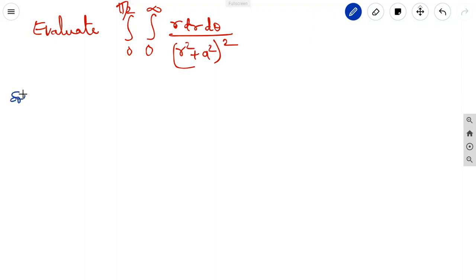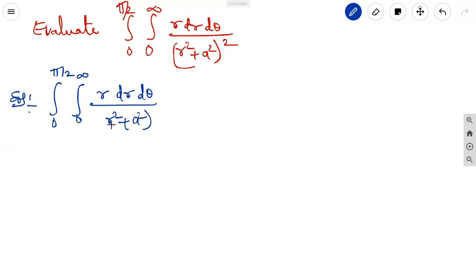Now we can solve this problem, that is the integral 0 to π/2, integral 0 to infinity, r dr dθ by (r² + a²)². It is equal to, first we integrate with respect to r. Why? Because the first integral is the angle that is related to θ.